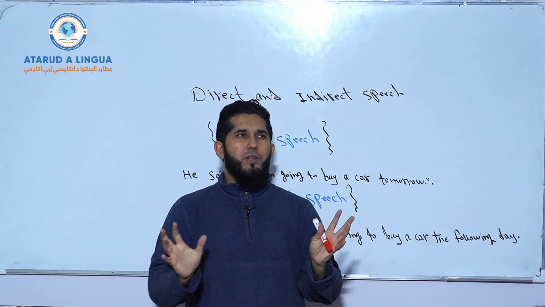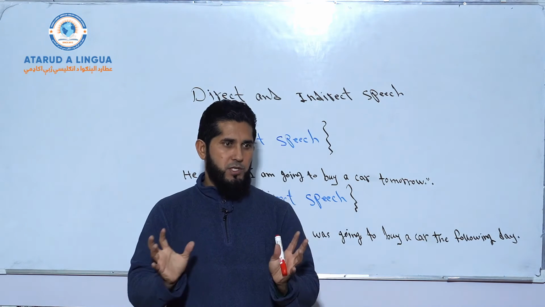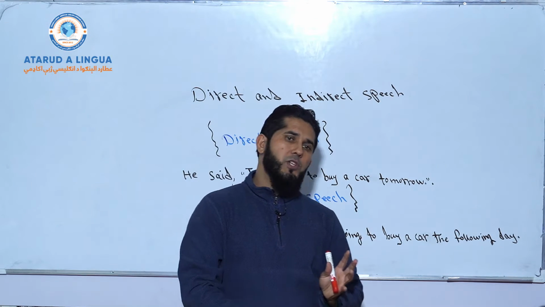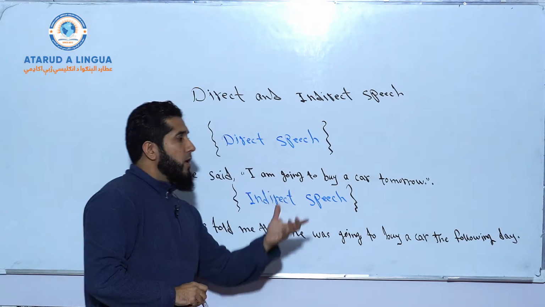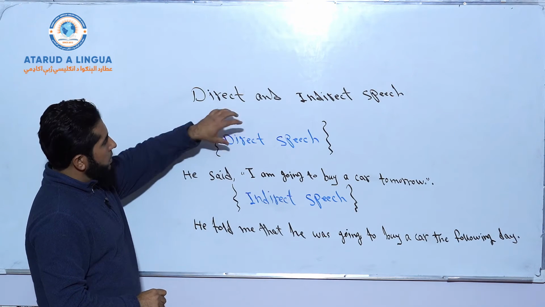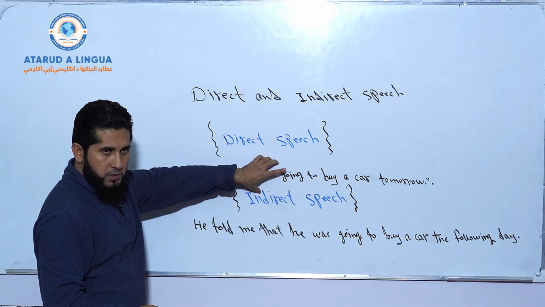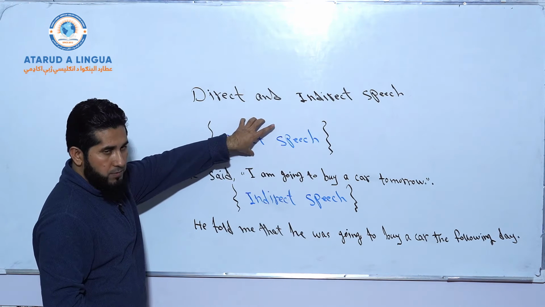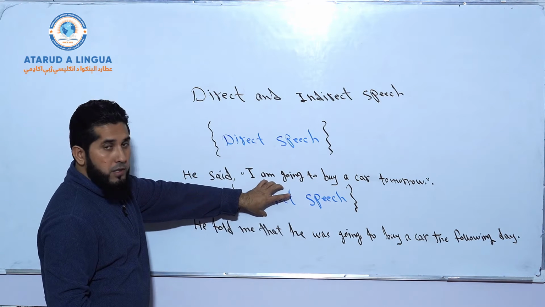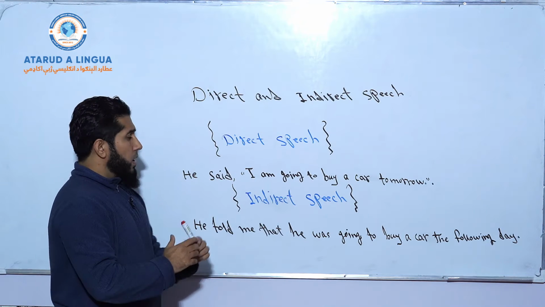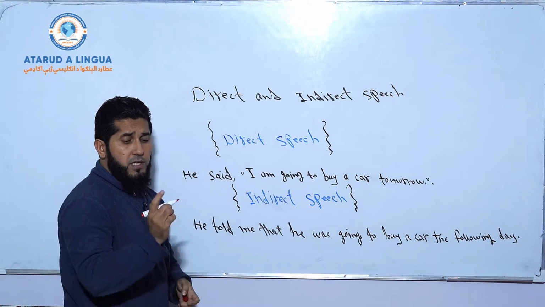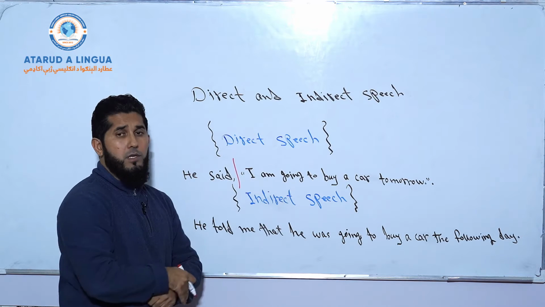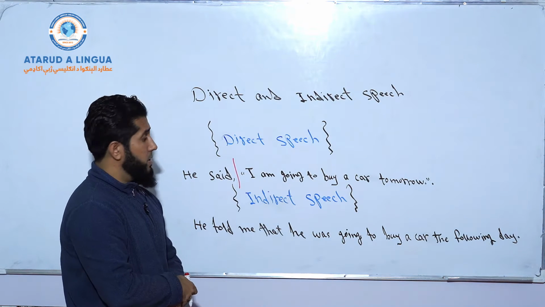So these are the most common changes that we need to bring while changing direct speech to indirect speech. Now look at these two sentences. This sentence is direct speech, and the sentence here is indirect speech. When we use direct speech, your sentence is divided into two parts. How many parts? Two parts.